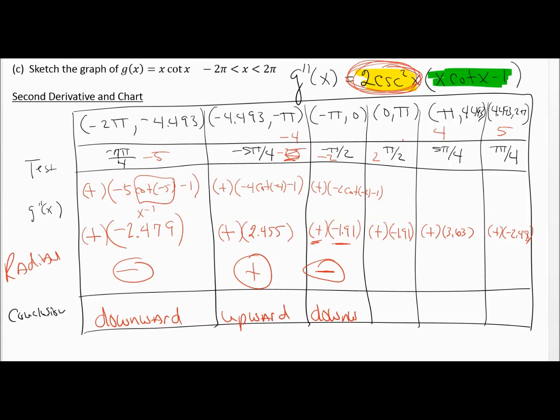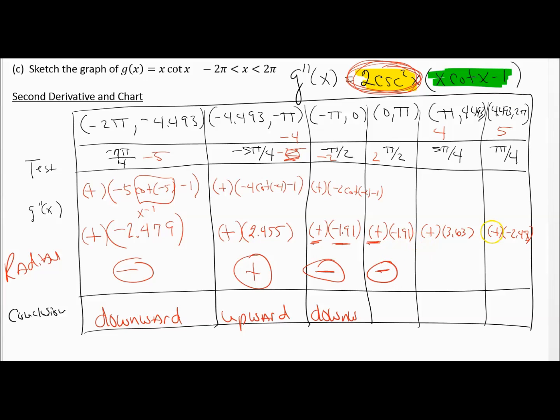Again, I assumed that 2 cosecant squared of 2 is positive, so that's what this first positive is about, that one every time. The next positive is where I plugged it into the green, so I said 2 times cotangent of 2 minus 1. To do that calculation, I did tangent of 2, took the reciprocal, multiplied by 2, subtracted 1, and I got another negative 1.91, and that positive times a negative is a negative.